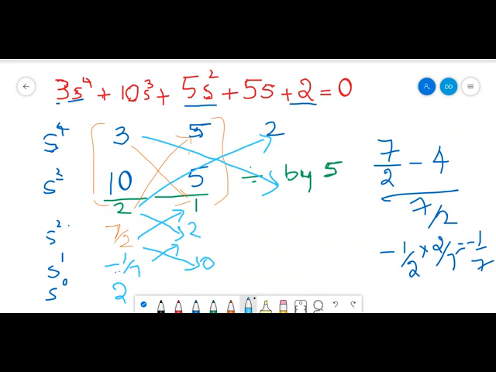Now if we look into this, we have our first column elements as 3 (or 10 instead of 2), 2, 7 by 2, minus 1 by 7 and 2. From 3 to 2 there is no sign change, and 2 to 7 by 2 also there is no sign change, but after 7 by 2 it becomes negative.